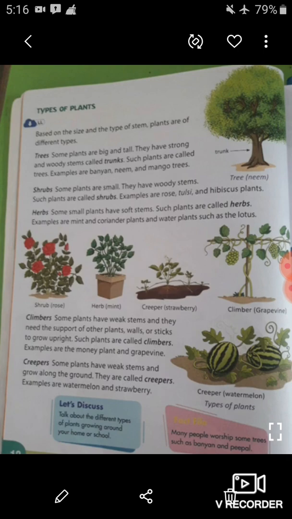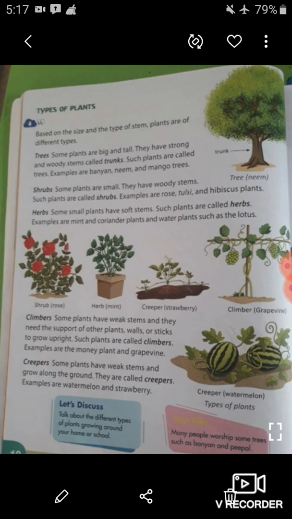And in the last picture, watermelon. Watermelon is a creeper because watermelon grows along the ground and has a very weak stem. So the plant of watermelon can't hold the fruit of watermelon because they are very weak.